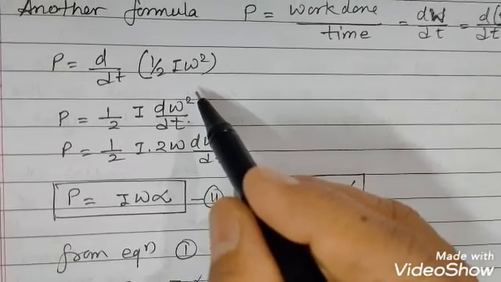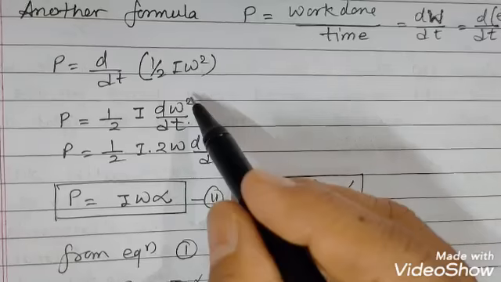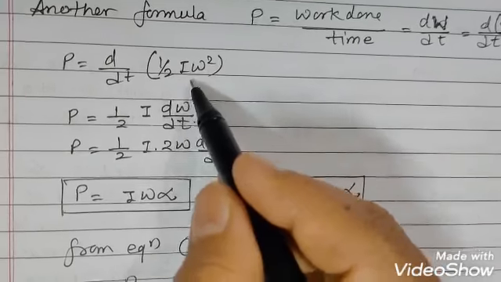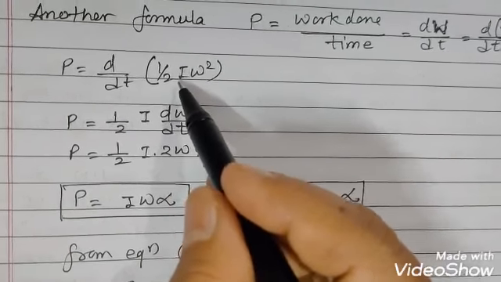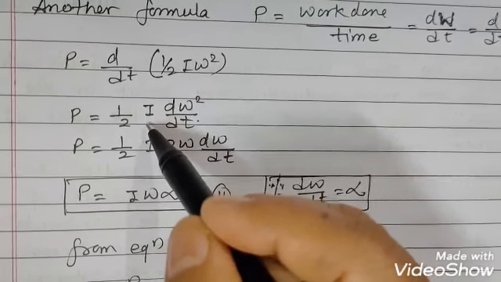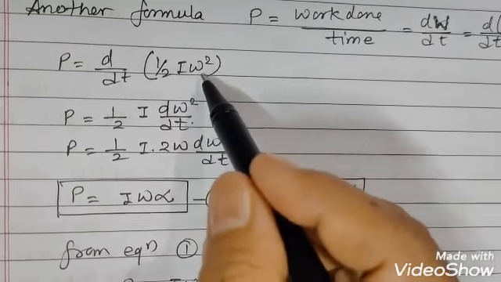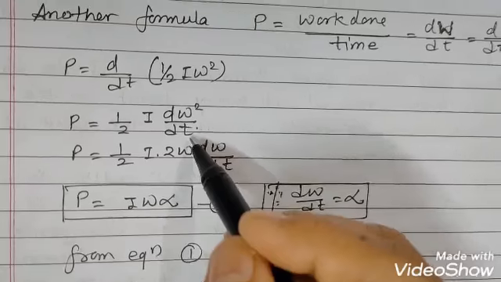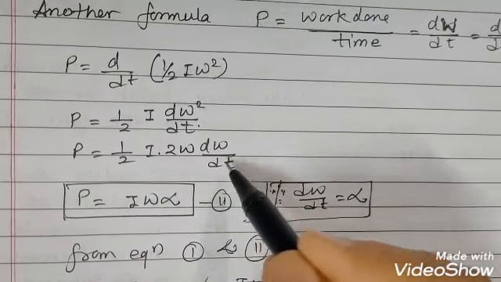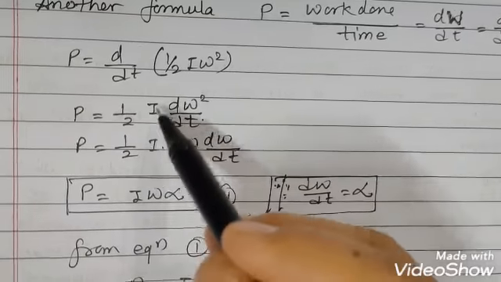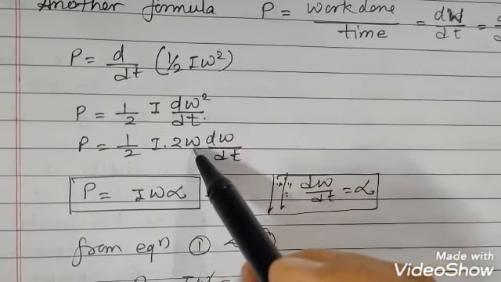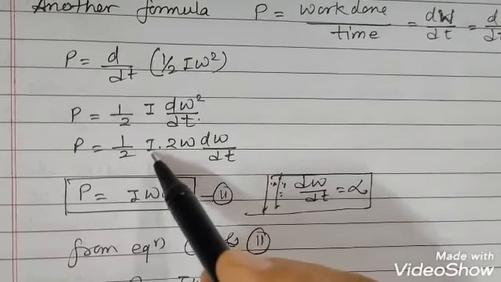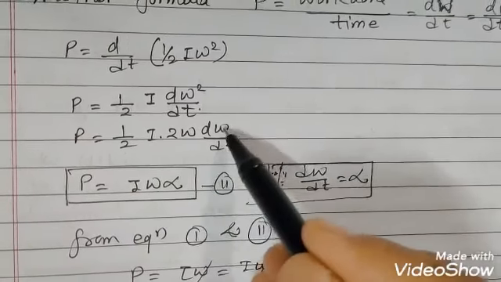We know that for rotational motion the kinetic energy is given by this formula, so we have written half I omega square. Now half is a constant quantity, and I, the moment of inertia, is constant here. With respect to time only omega will change, so we take the differentiation of omega square with respect to time, and that will be equal to 2 omega d omega upon dt. Now half I times 2 omega d omega upon dt: the 2 cancels, and this is I omega d omega upon dt.